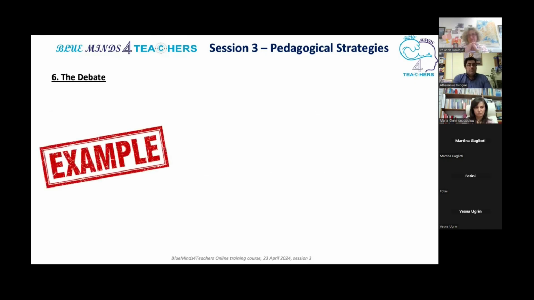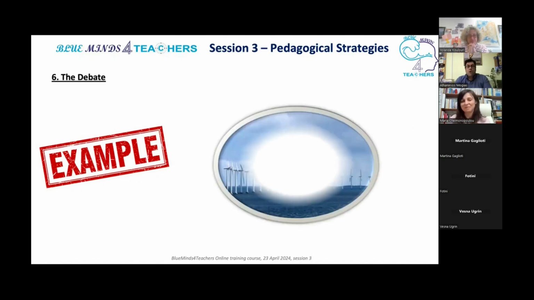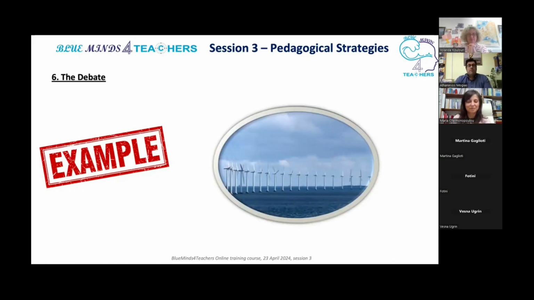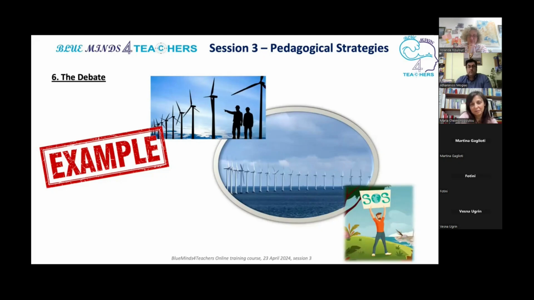A quick example. Here we have this wind farm I had in mind, offshore wind farm for the production of electricity again. We can split our classroom in two groups. The ones that are in favor of this installation and the others that are against this installation.